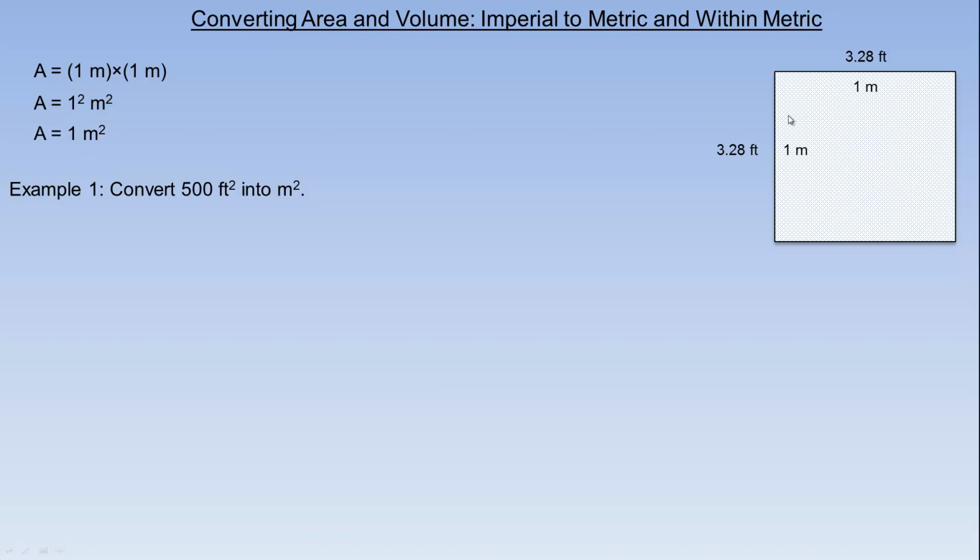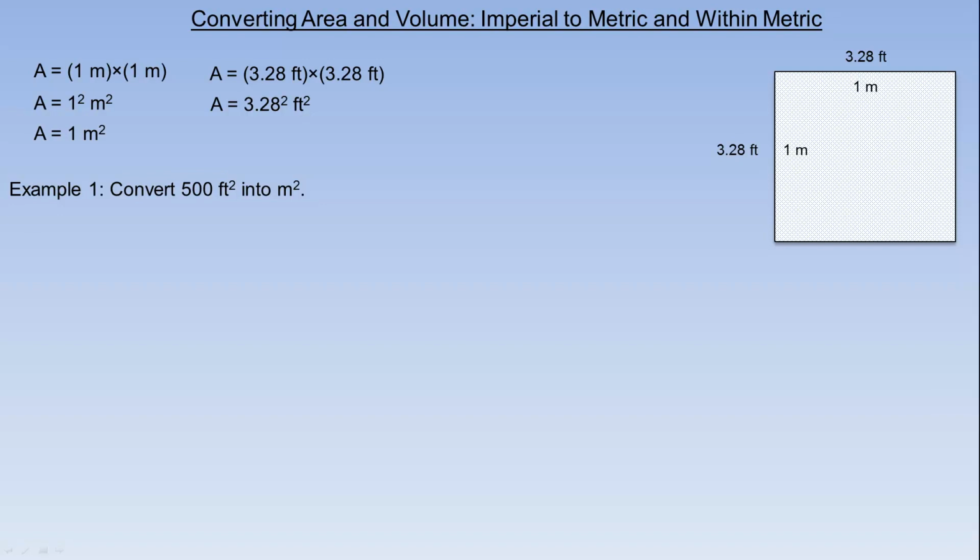Now let's do the calculation in feet. So it's 3.28 feet by another 3.28 feet. Remember, just length times width. If we're multiplying those, there's two different 3.28s multiplied, so we could write that as 3.28 squared, and FT times FT is FT squared, or feet times feet is feet squared.